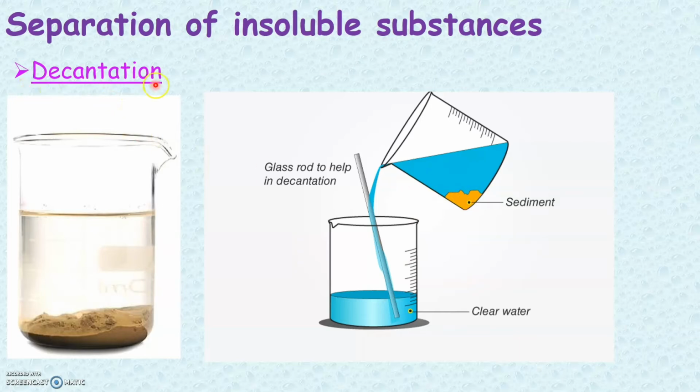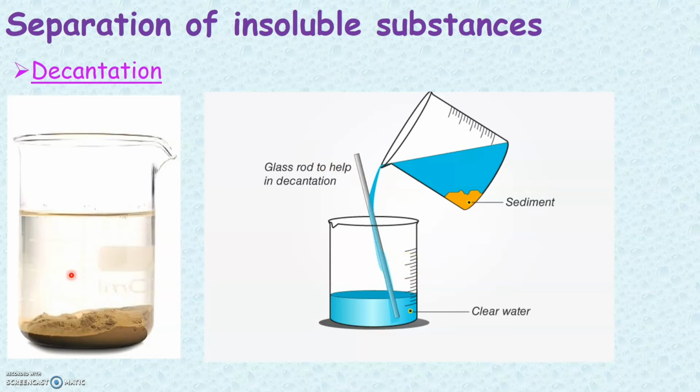So in this process of decantation, we pour out the clear liquid into another container with the help of a glass rod without disturbing the insoluble impurities, that is, without disturbing the sediment. This process of separation is called decantation. So we do decantation after sedimentation.